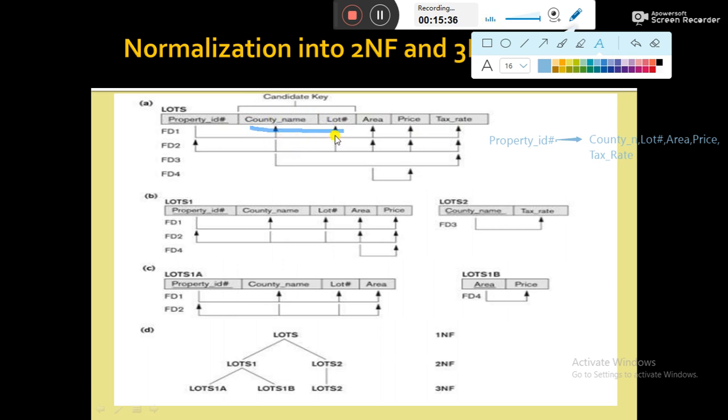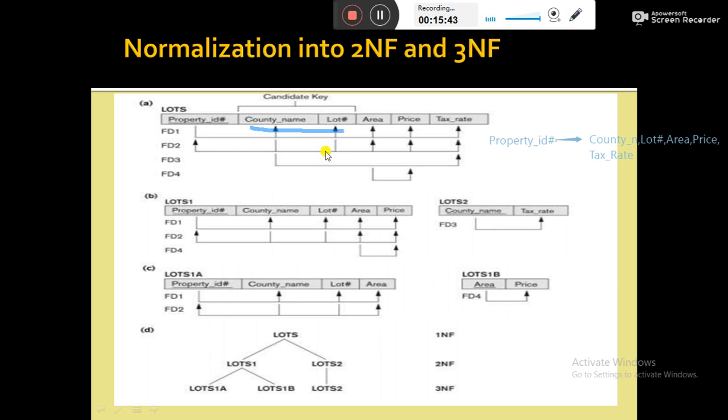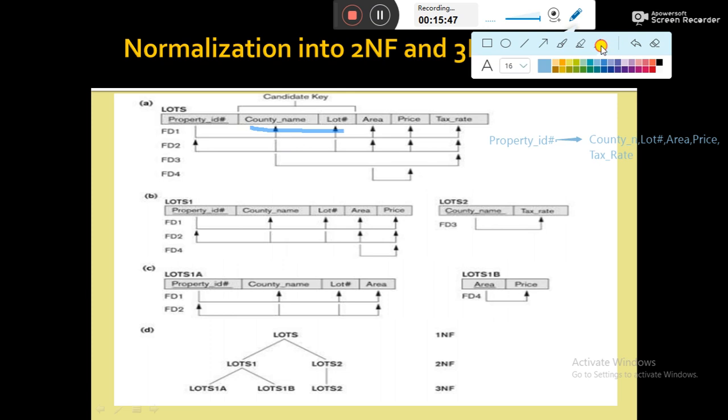So this is another functional dependency. Similarly, if we write the FD, it will look like this way. So there is no arrow towards county name, lot number. That means they will determine the other values.